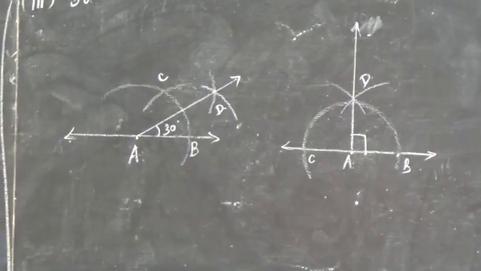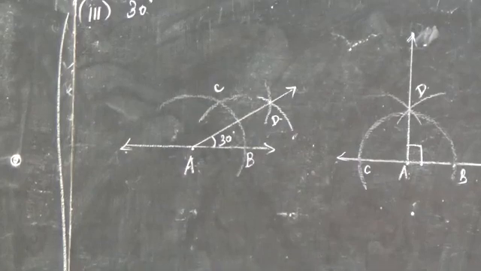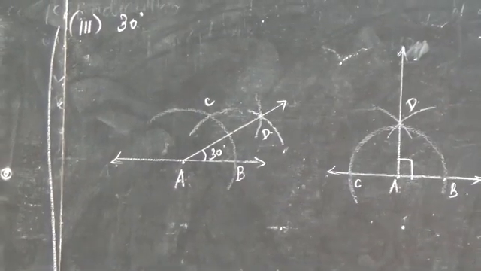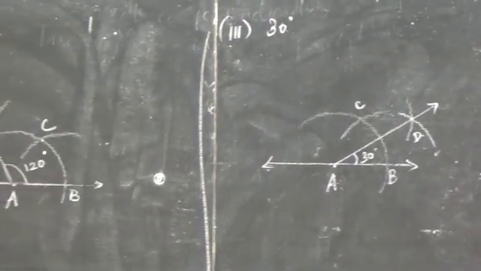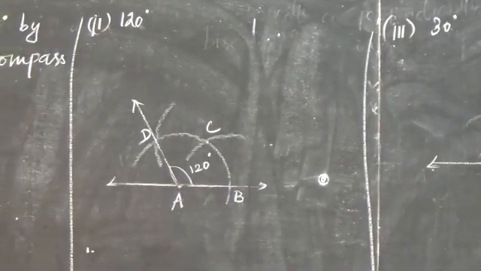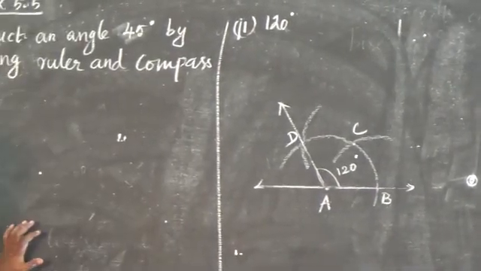Come to the fifth one. The fifth one is 45 degree. How to draw the fifth one?